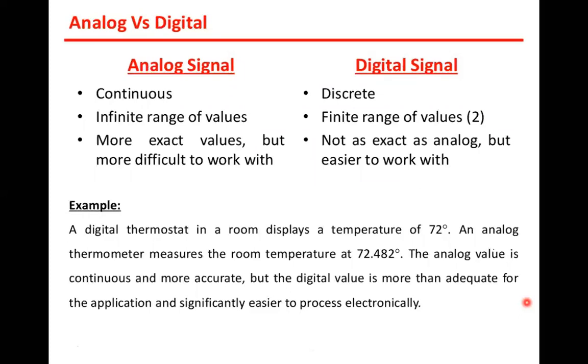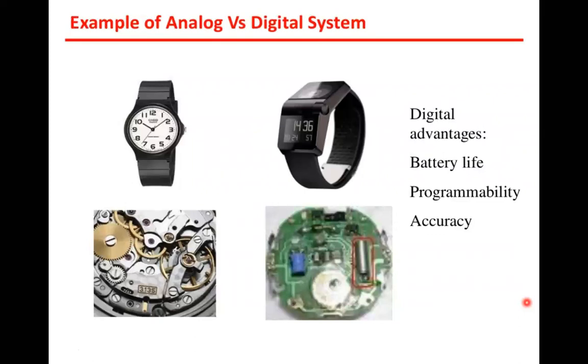Whereas digital signals are discrete in nature, with a finite range of values, not as exact as analog, but easier to work with. We have given examples also here. Now you can see the analog watch as well as the digital watch. The advantages are battery life, programmability, and the accuracy will be more in the case of a digital system.